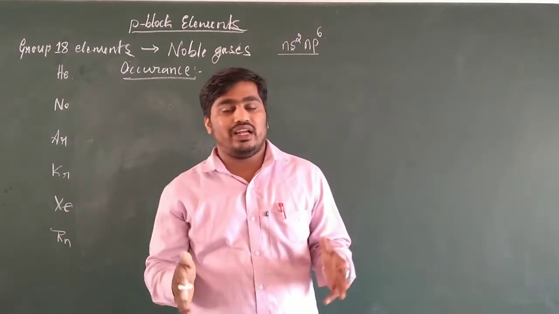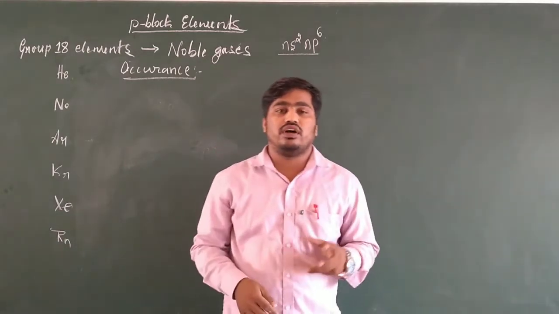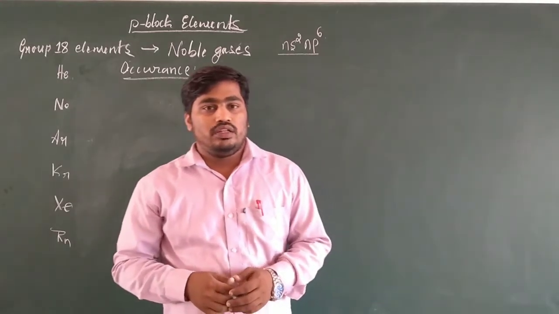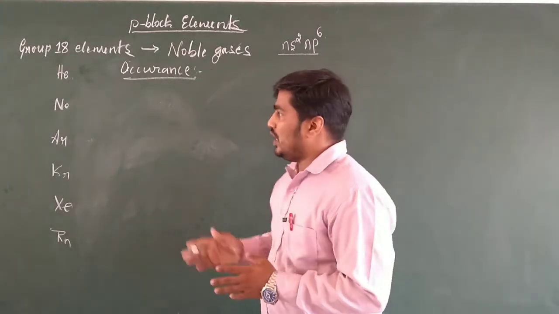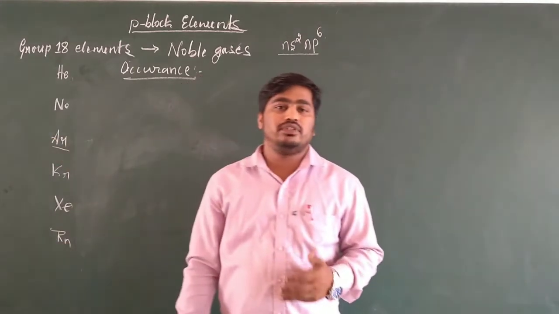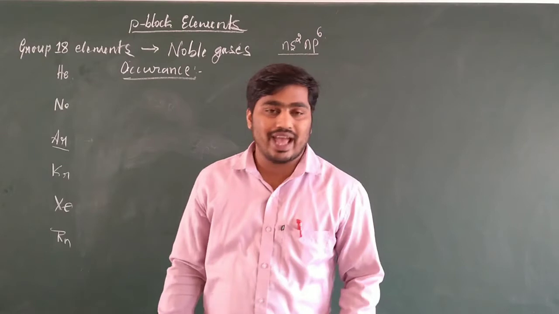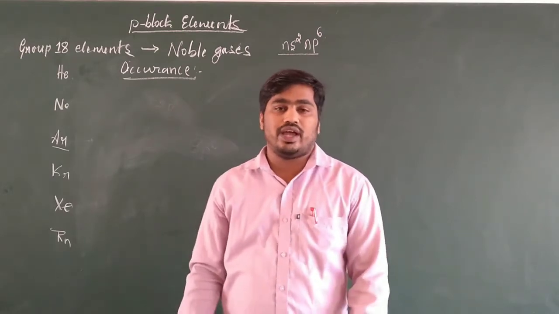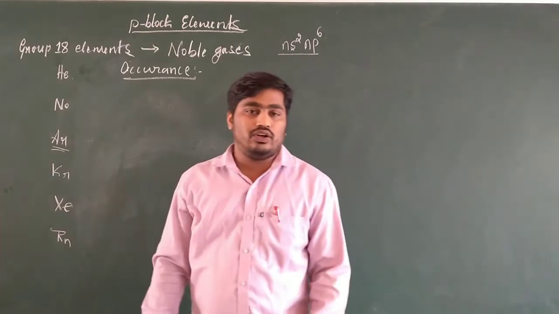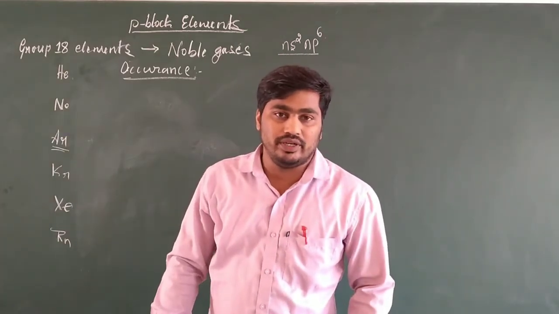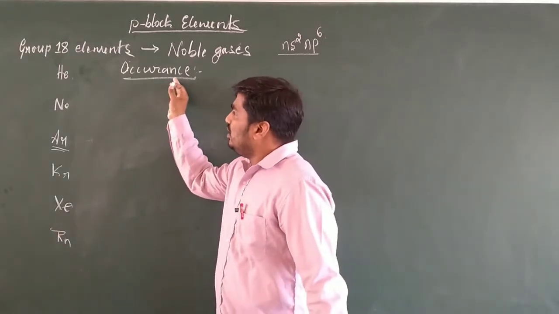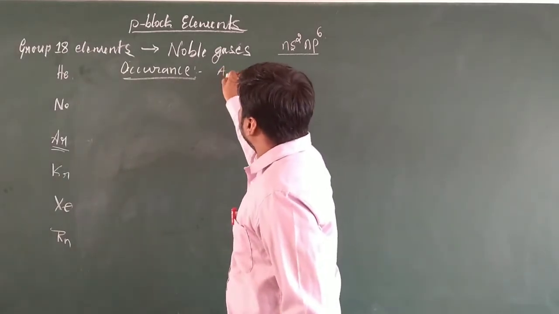The atmospheric air is the source of noble gases or group 18 elements. Out of all noble gases, argon is the most abundant gas in atmospheric air. So this part is very important. Argon is the most abundant element in the noble gases, and so occurrence is from air.